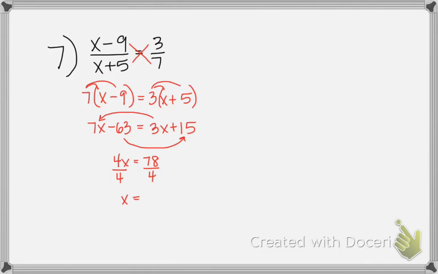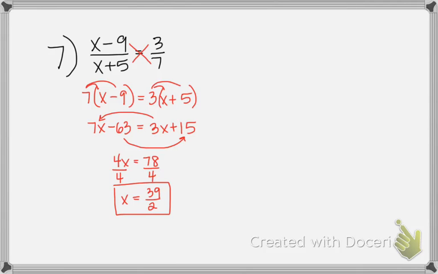Not quite, but does it divide evenly by 2? What's 78 divided by 2? Very good, 39. 4 divided by 2 is 2, and that's as far as I can go. Are there any questions on how to solve these proportions when you have one fraction equal to another?